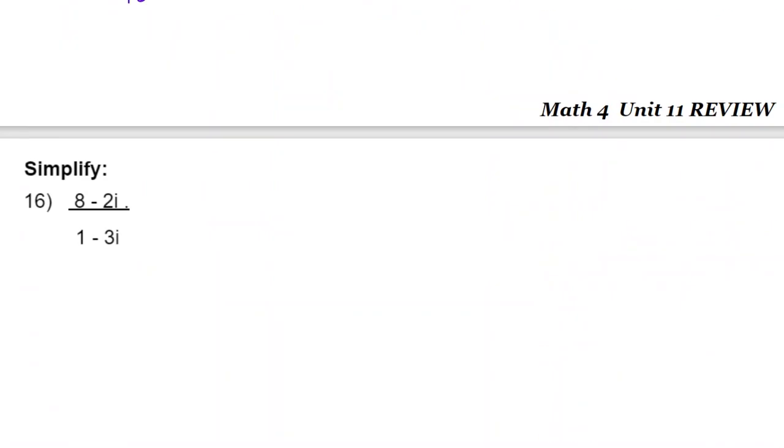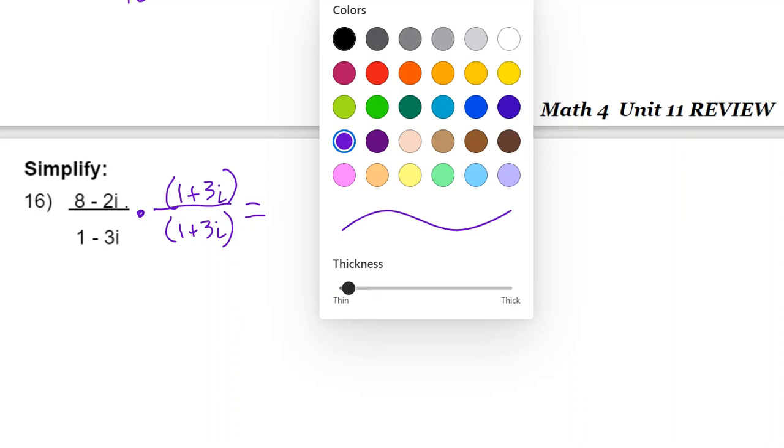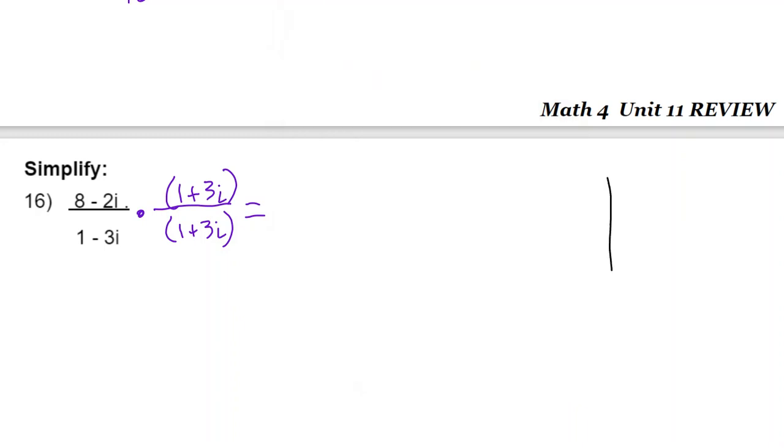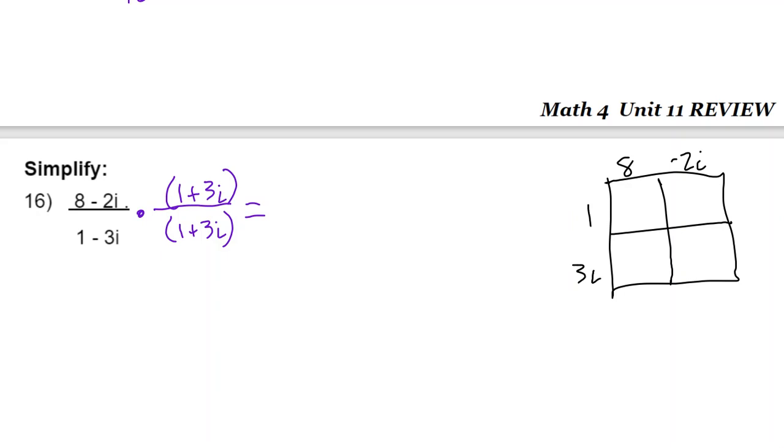One more to go. All right, this time we're going to do the conjugate of 1 plus 3i, which means that across the top, we're going to have to box 8 minus 2i and 1 plus 3i.